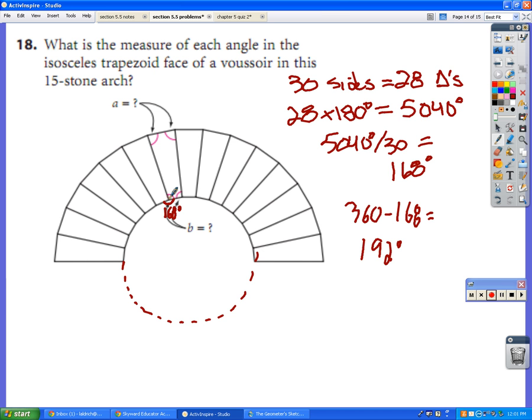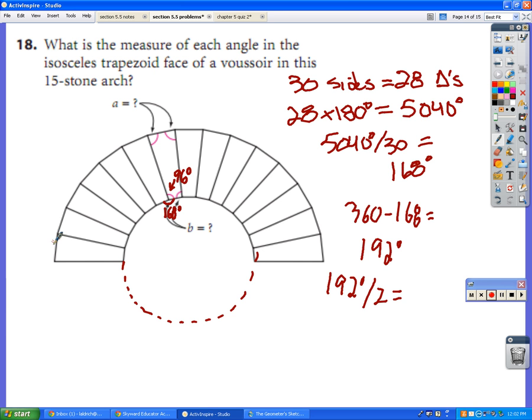Right, and then this angle and this angle are going to be the same. So divide that by 2, and that tells me that these angles right here are going to be 96.